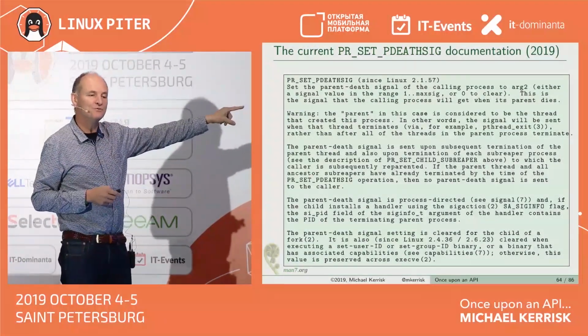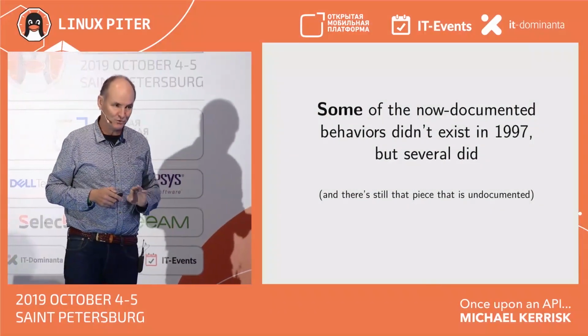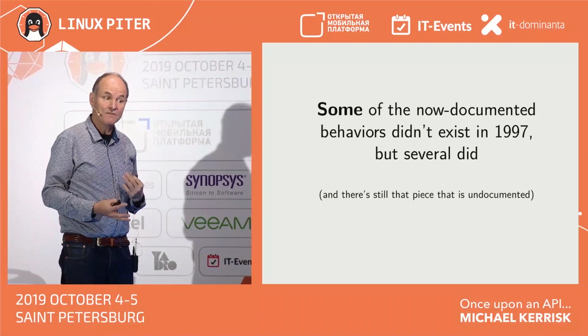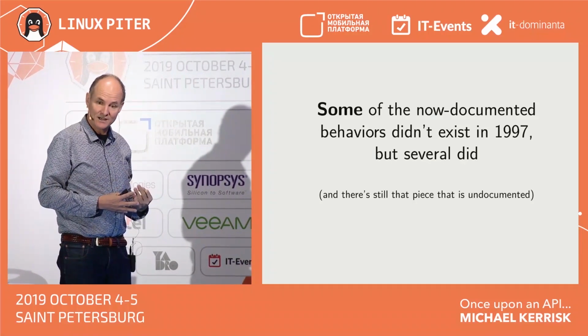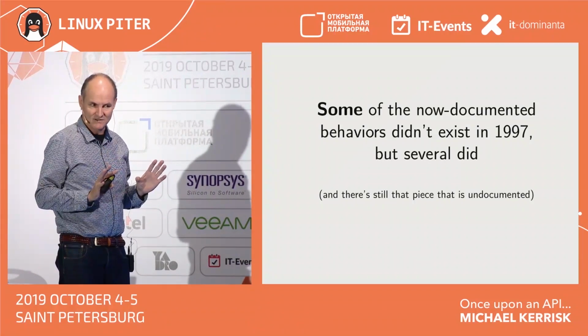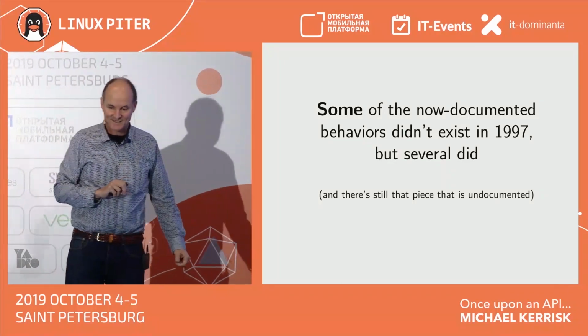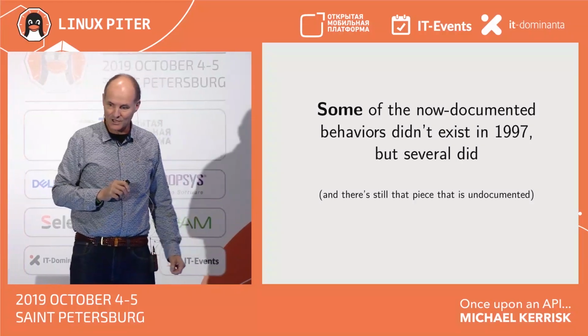Yes, there is some behavior that is new since the original implementation, but a lot of the behavior did already exist in 1997, but it was not explicit. And there's still one piece that I am slightly afraid to document.